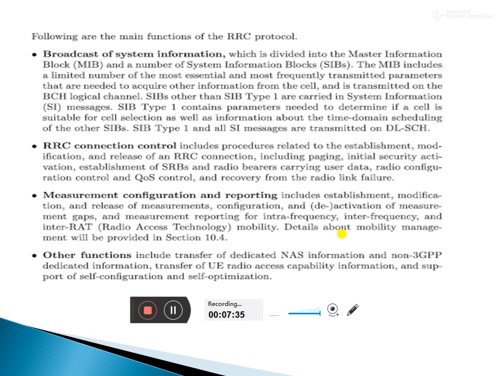With the help of these measurements we can provide information to the MME, the mobility management entity. Other functions include the transfer of dedicated NAS information and 3GPP, where 3GPP means third generation partnership project.